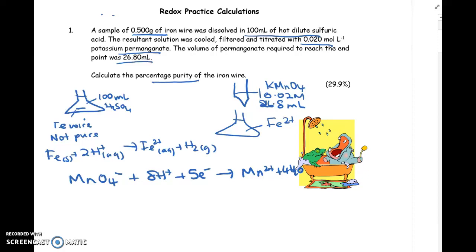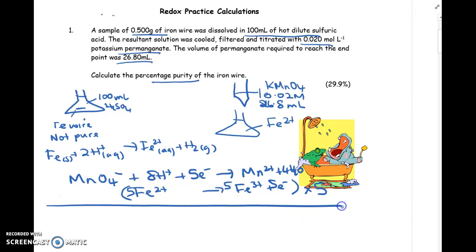Now, the oxidation half equation is iron 2 goes to iron 3 plus an electron, which we've also got off our data sheet. Now remember, we have to make the electrons the same because you cannot have leftover electrons. So we're going to times this by 5, and then we're going to add it together to get our overall equation.